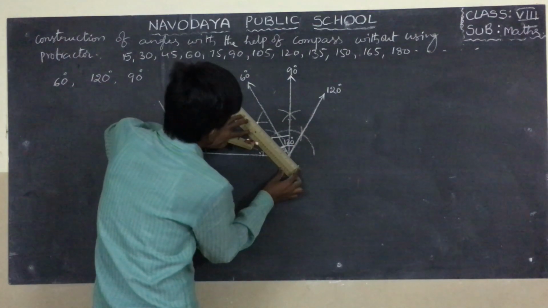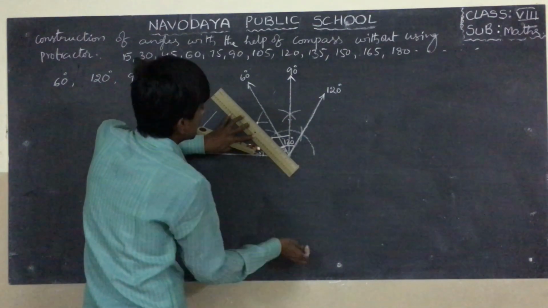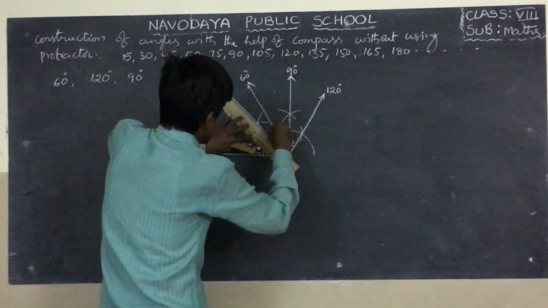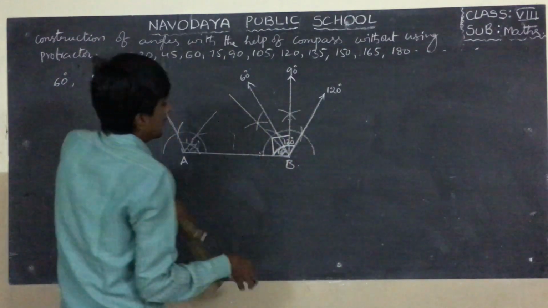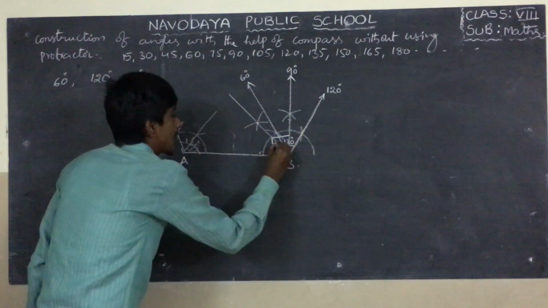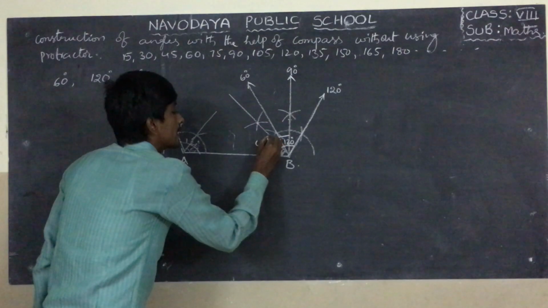Join B and the intersecting point. This angle is 45 degrees.